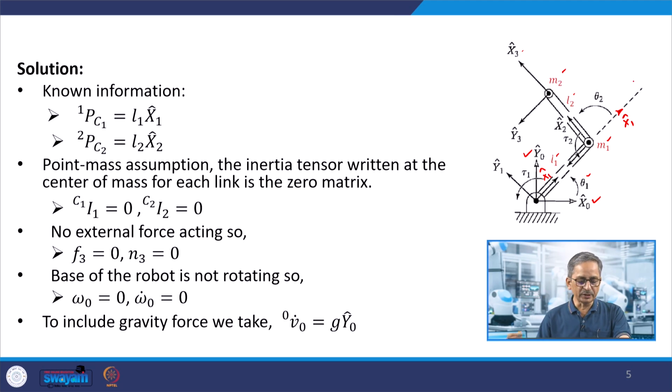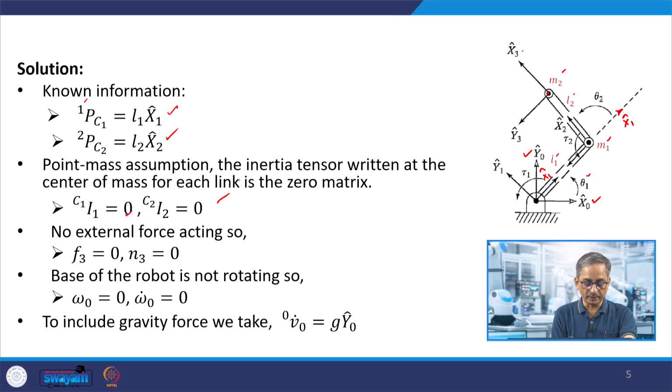What is known here is the location of the CG frame expressed in terms of frame 1, and similarly the location of the CG frame for the second link. As I said, with the point mass assumption, the inertia tensor written at the center of mass for each link is a null matrix.